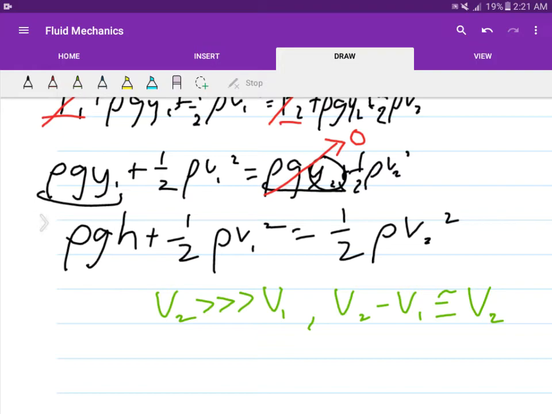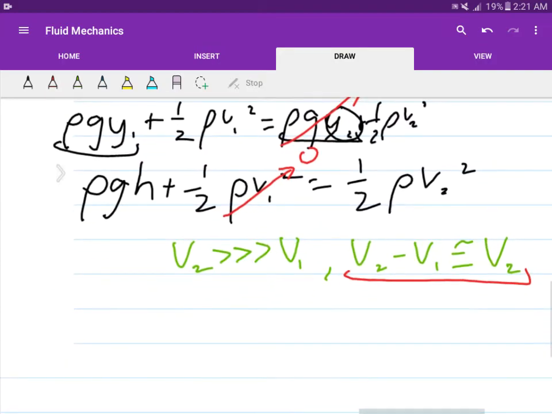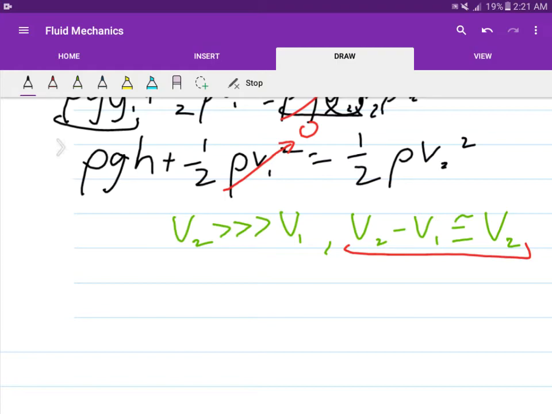So we can treat v1 to be 0. So I hope that makes a bit of sense. So v1, we can treat this to be near 0. So rho gh will only be equal to 1/2 rho v2 square.